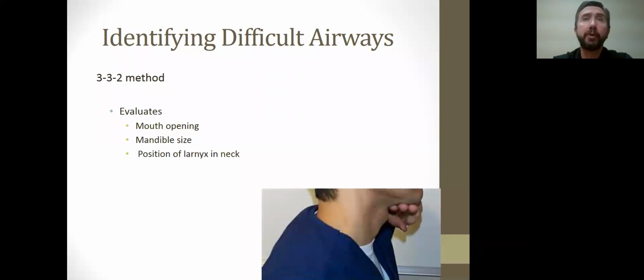And then the 2 in the 3-3-2 identifies the location of the larynx in relationship to the tongue. The distance from the base of the mandible to the top of the larynx greater than 2 finger widths will have greater difficulty. And again, all measured using the patient's fingers, not your own.